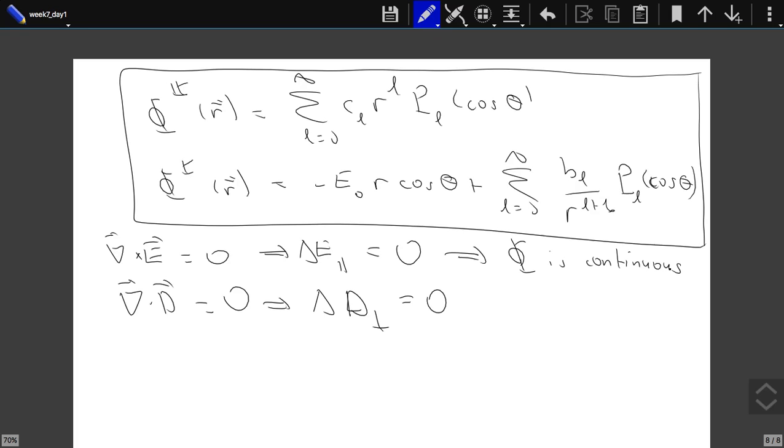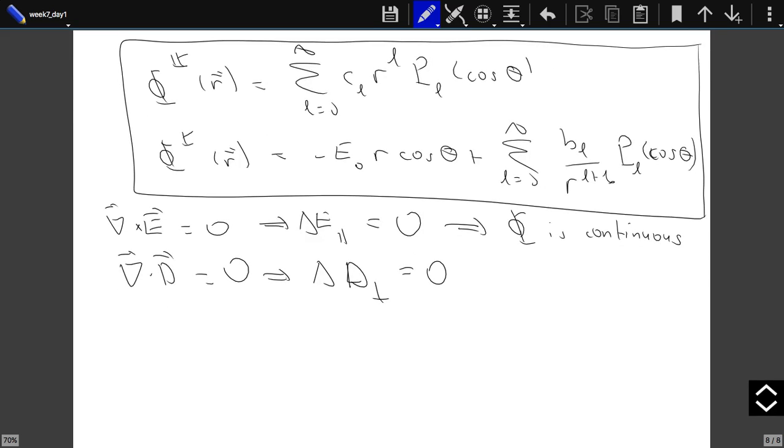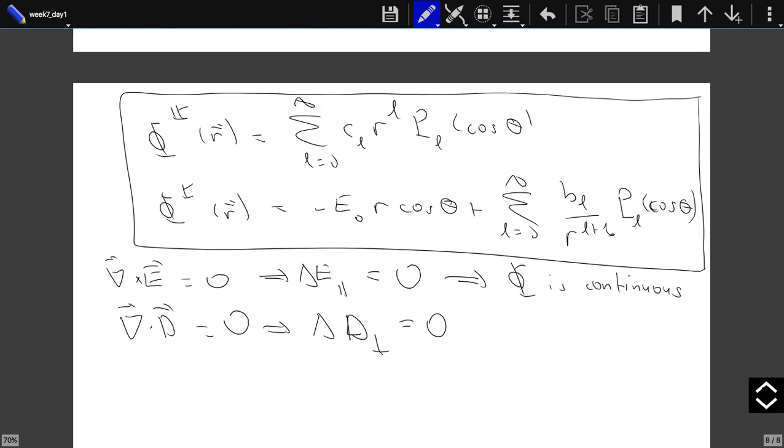Now, the first condition for the parallel component of the electric field basically amounts to phi being continuous.